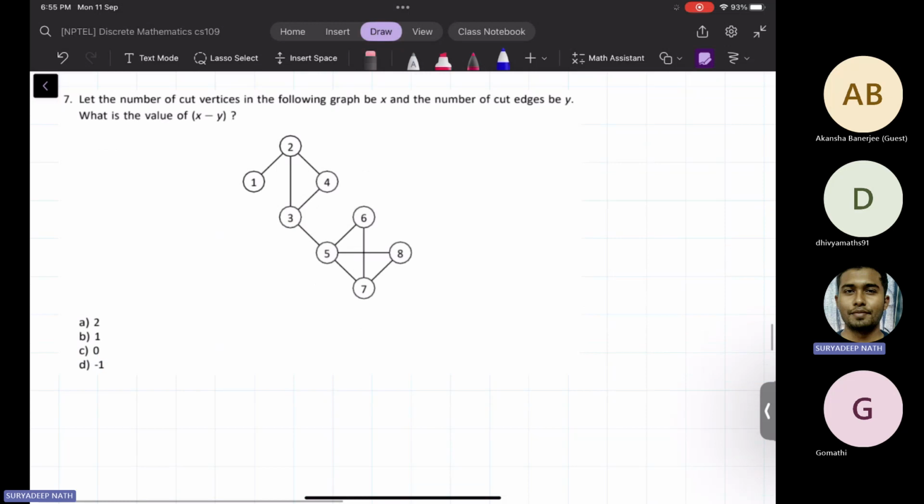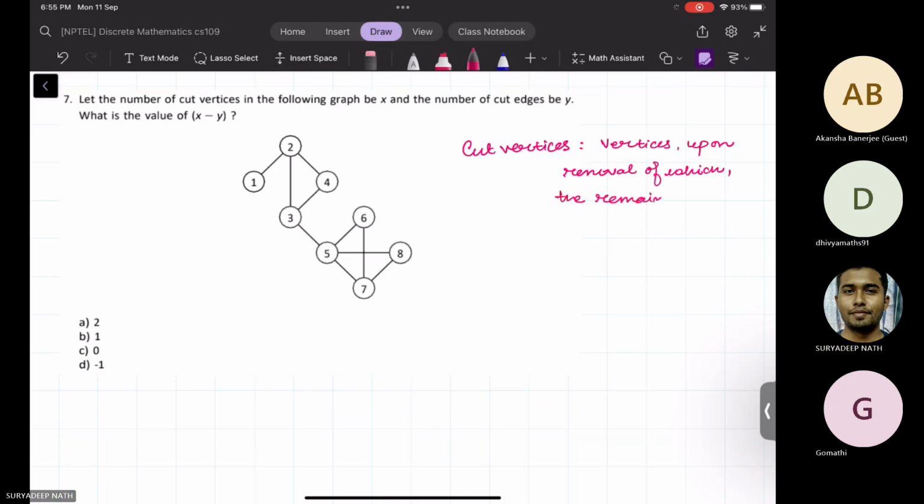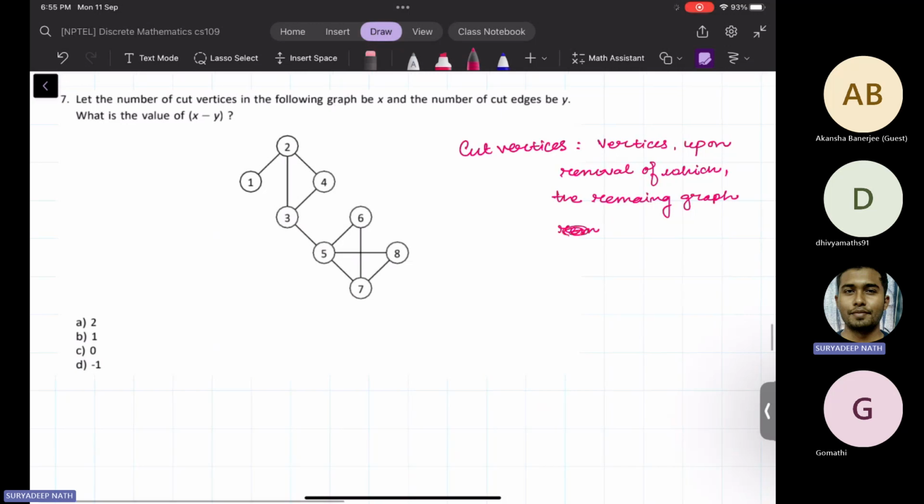Cut vertices are vertices upon removal of which the remaining graph gets fragmented.